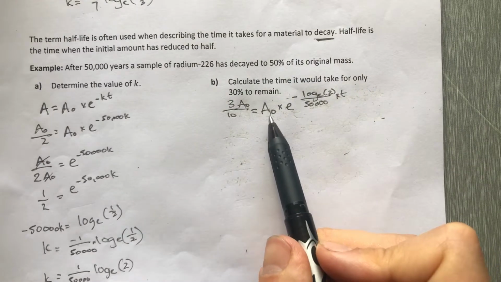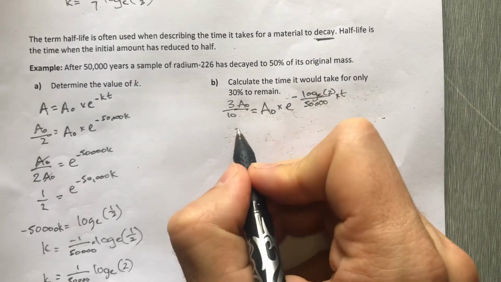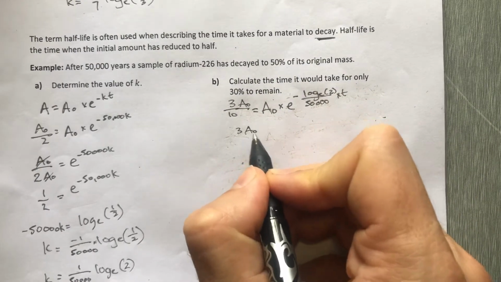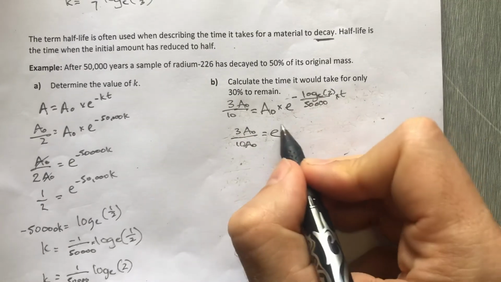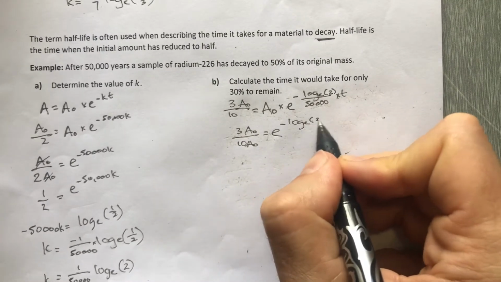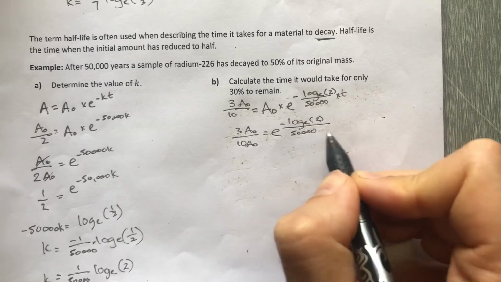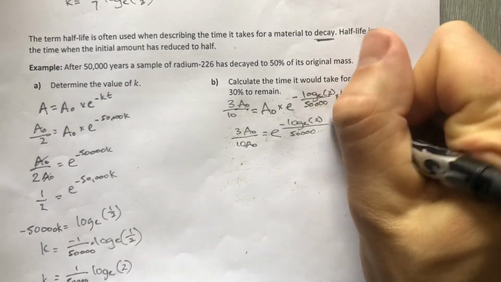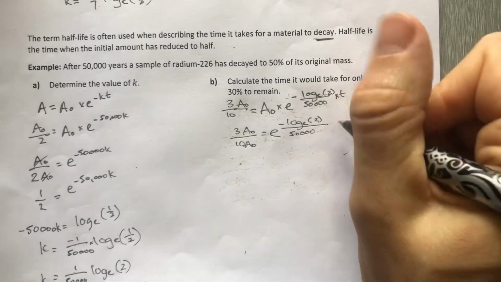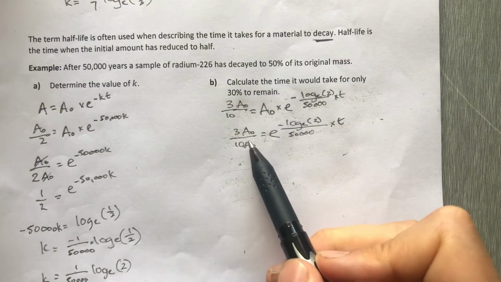So if we then try to solve for t, we're going to divide by A0 to start with, and that's going to give us 3 A0 on 10 A0. And hopefully we can see that they'll just cancel out.